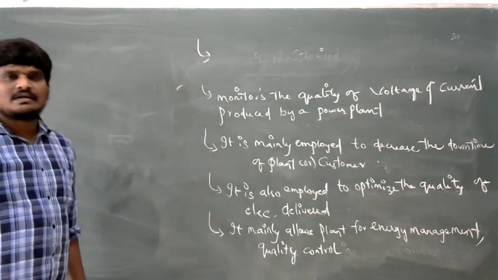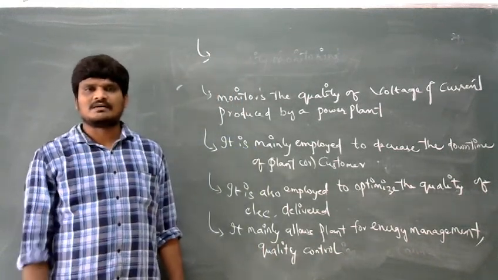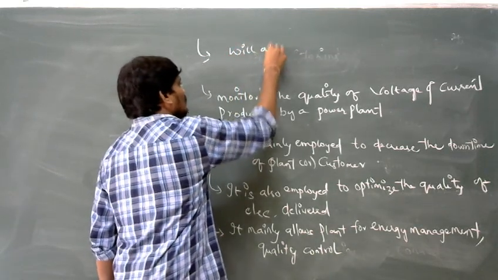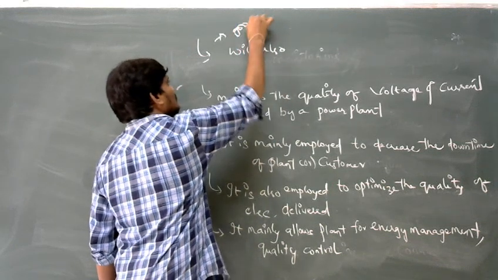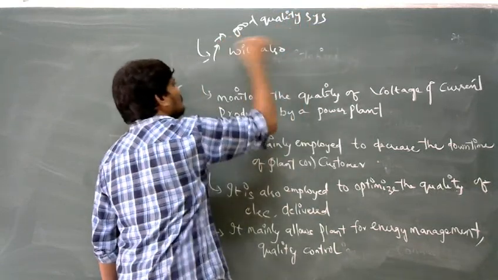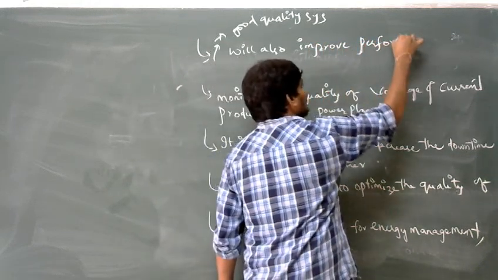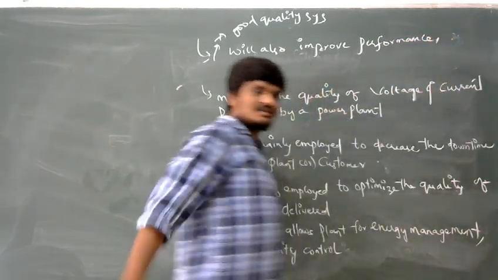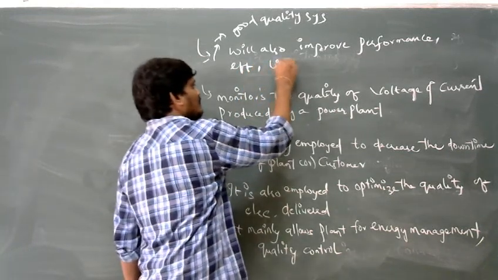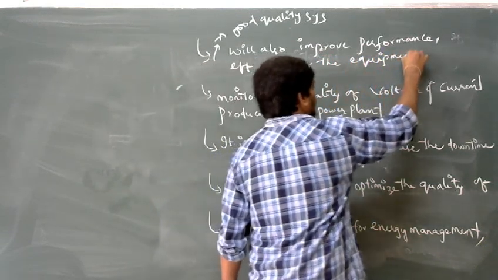a good quality system, that is, one which has a quality of voltage and current, will also improve the performance, efficiency, and life of the equipment which are connected in a system.